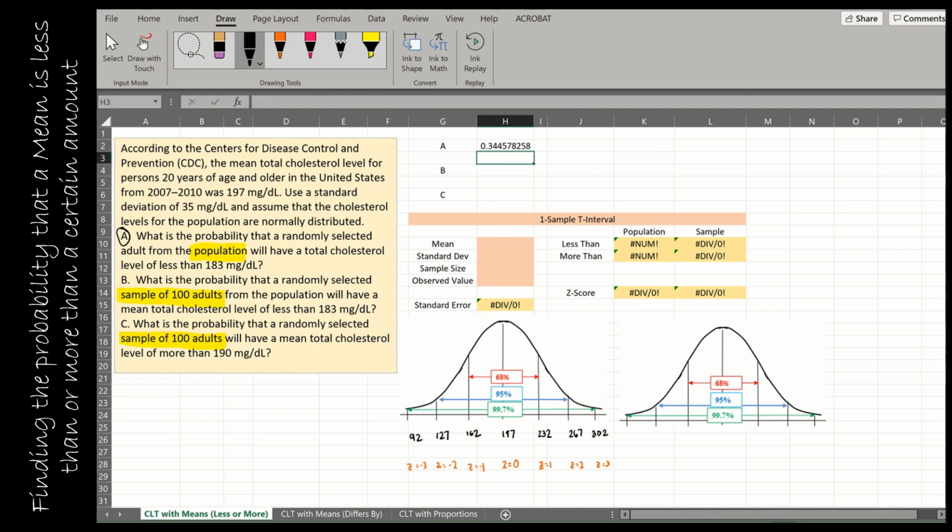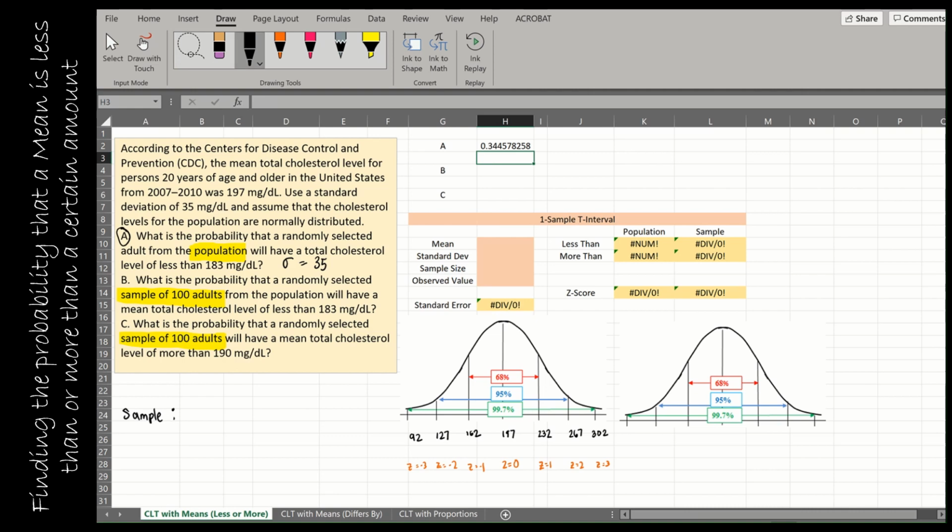But if you're using samples, you have to change the standard deviation. For question A, we used our standard deviation of 35. For questions B and C, because we're dealing with a sample, and whenever you deal with a sample with means, we're going to find something called the standard error.